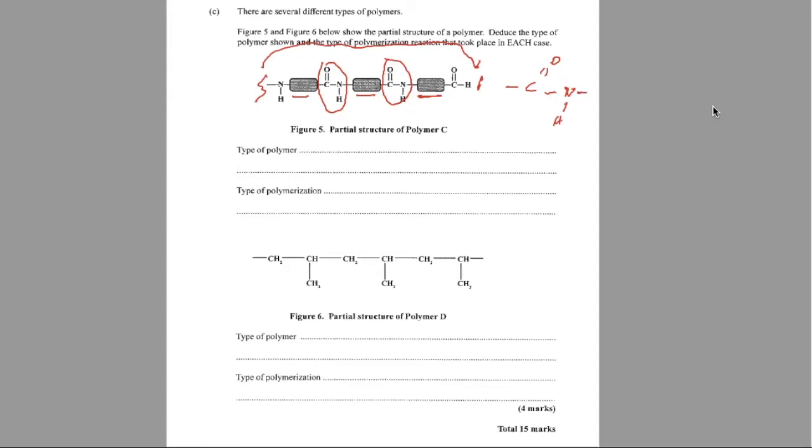And whenever we see the amide linkage, then it means that the polymer is polyamide. Could also be called a polypeptide, seeing that amide linkage and the peptide linkage are the same thing. Those are names used to describe them. And then the type of polymerization is condensation polymerization.